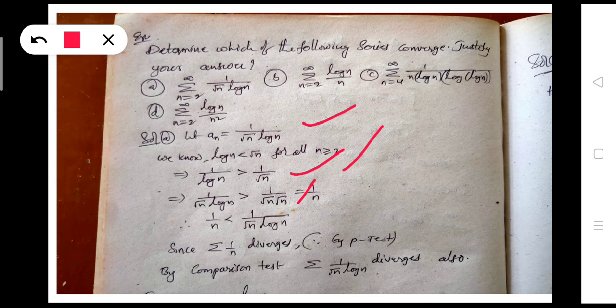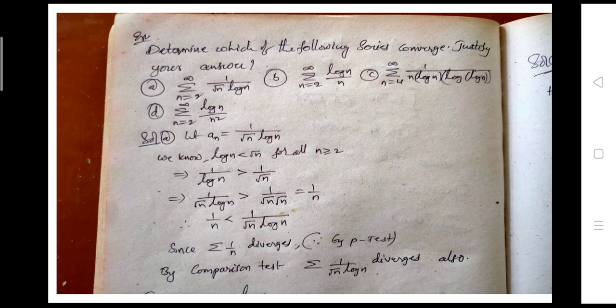Therefore 1 by n is less than 1 by root n into log n. Since sigma 1 by n diverges by using p test, and by comparison test, sigma 1 by root n log n diverges also.